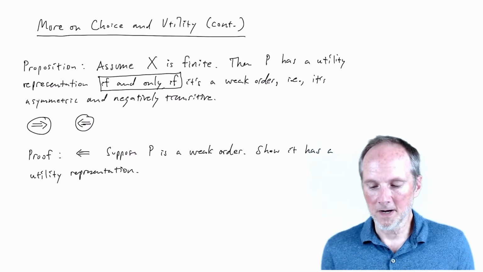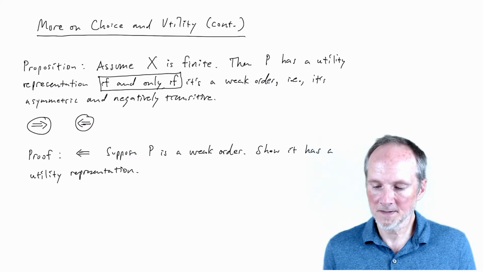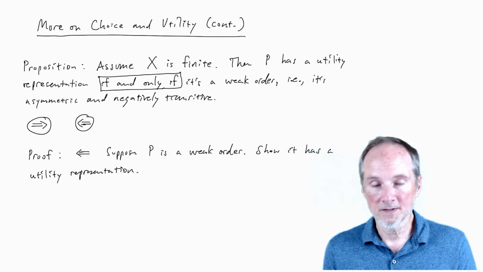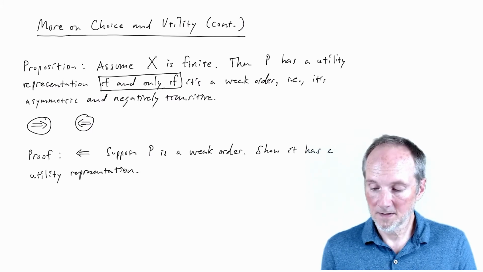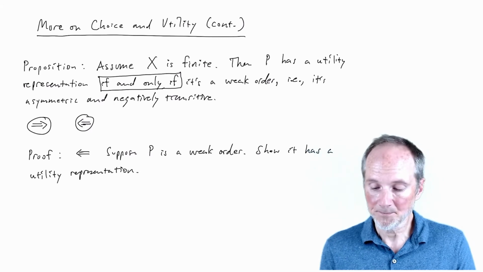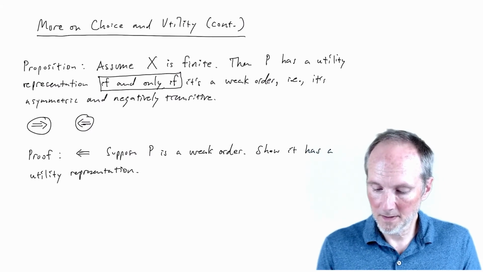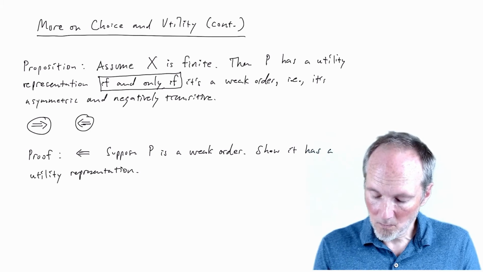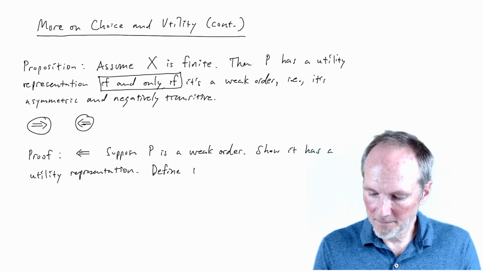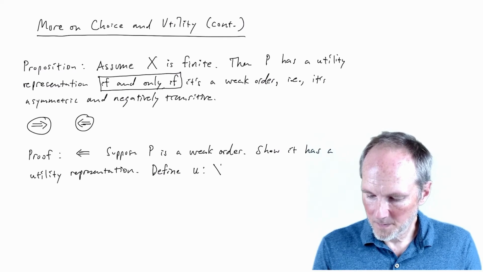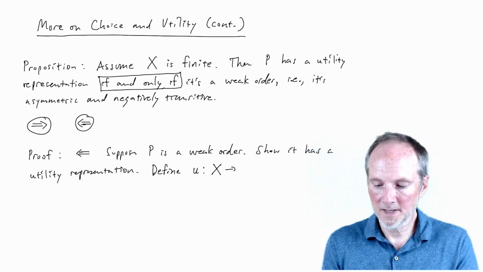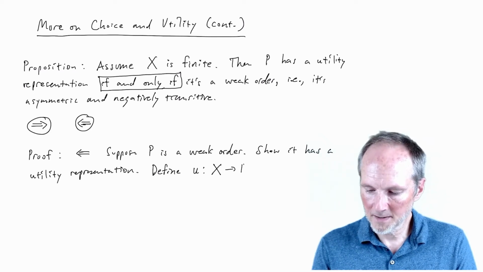All right. How do you prove an existence result? Well, there's different ways of doing it. Here we're going to do it by construction, which means I'm actually going to present a utility representation. So how am I going to do that? Well, we're going to define a function. The domain of the function is going to be the set of alternatives, so you plug in an alternative, and it's going to give us back a number.